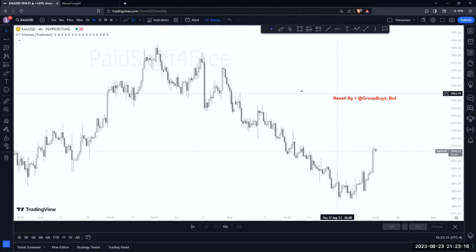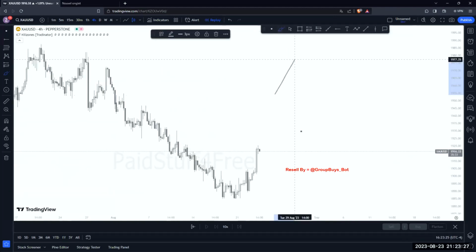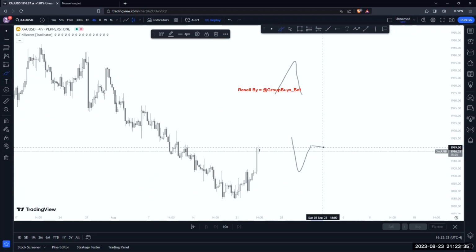I don't know if it's your mic or I'm not getting what you're saying. One second. He is asking if a resistance or a support is formed, and immediately the next candle touches that resistance and support and moves. He's asking if you can take it like immediately. Like right away? Yes, like right away.